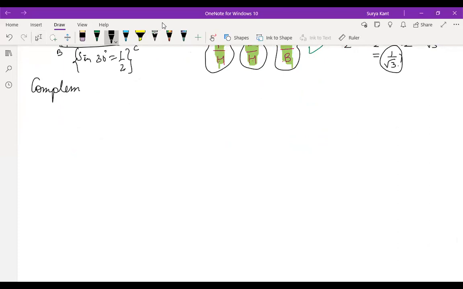Anyone can tell me? Sir, angles whose sum is exactly 90 degree. Yeah. So the sum of the two angles should be equal to 90 degree.